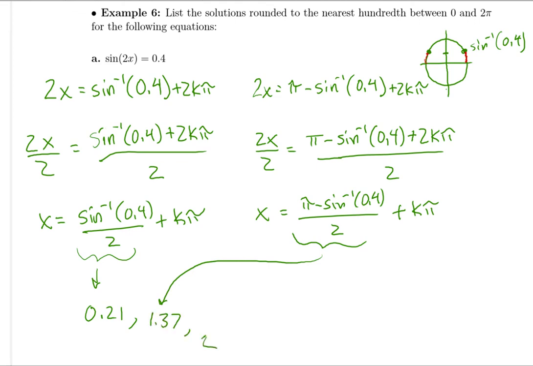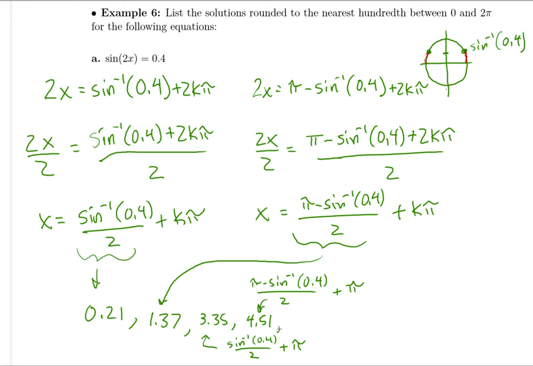Now if I let k be 1, so if I take sine inverse of 0.4 over 2 plus pi, that's going to give me 3.35. And then if I take pi minus the sine inverse 0.4 over 2 plus pi, that's going to give me 4.51.